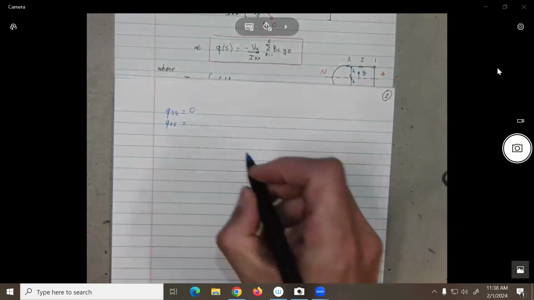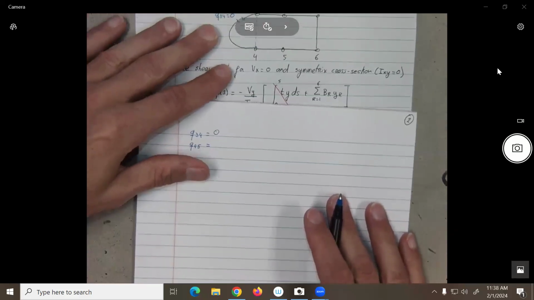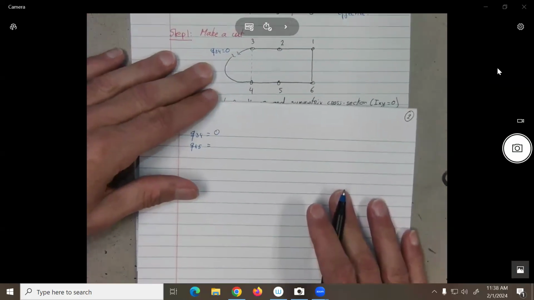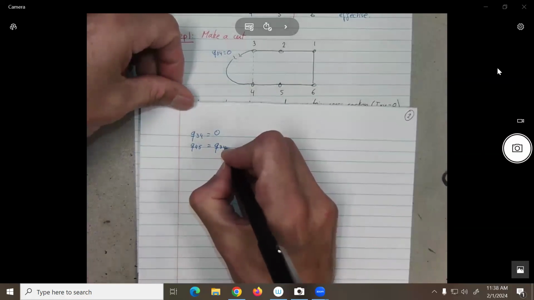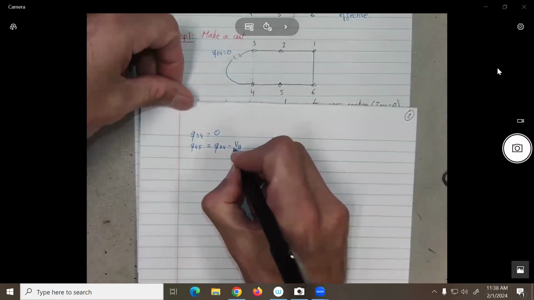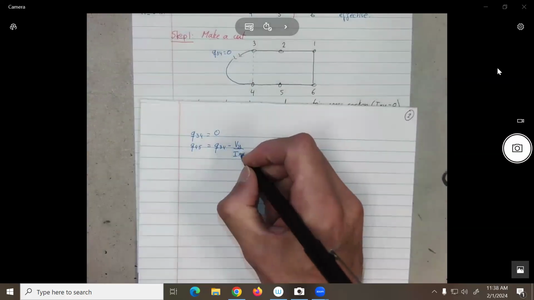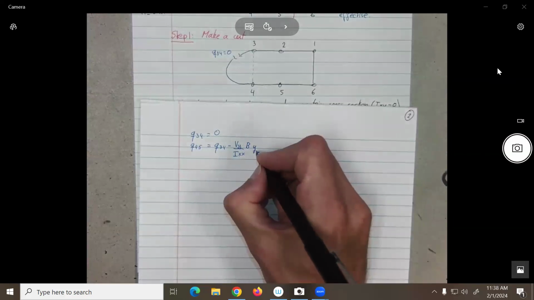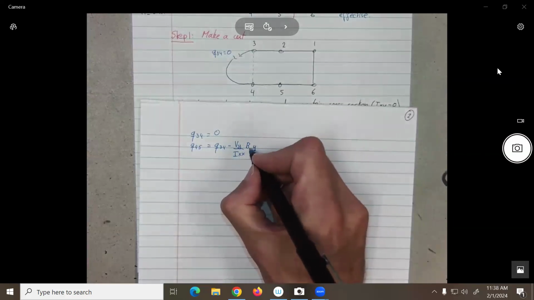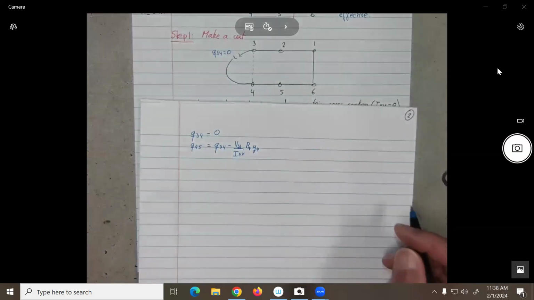Q45 will be equal to what? What will be Q45? Q45 will be Q34 minus Vy over Ixx times what? We go from 0.4 to 0.5, so that will be before Y4, no?